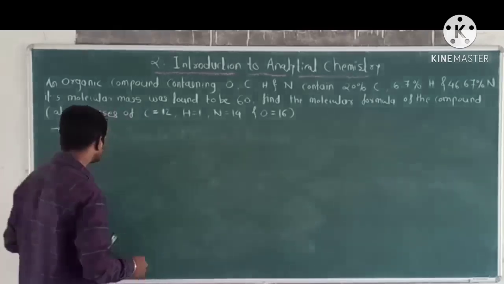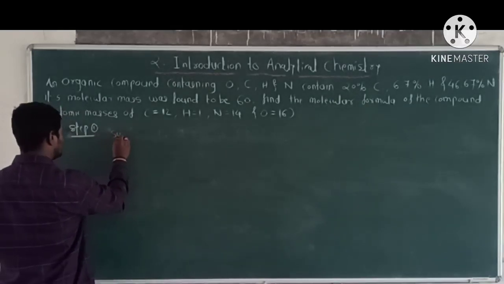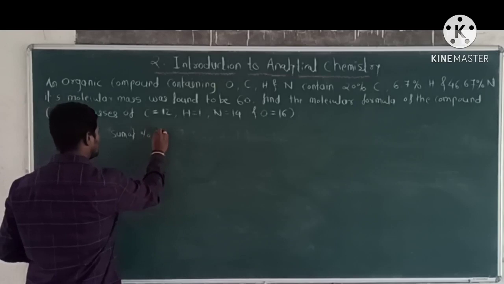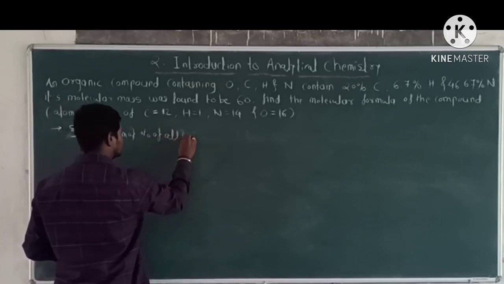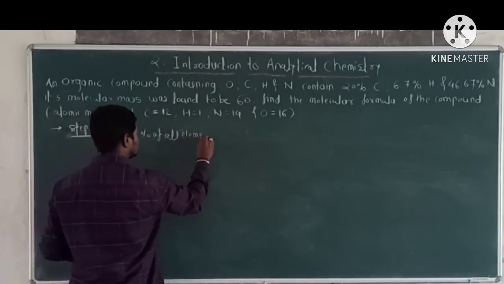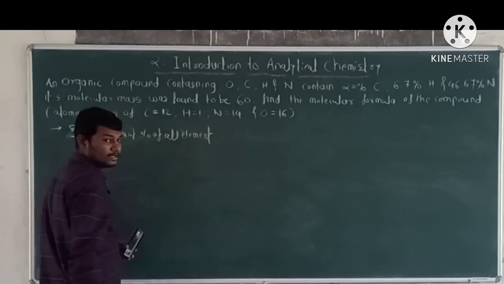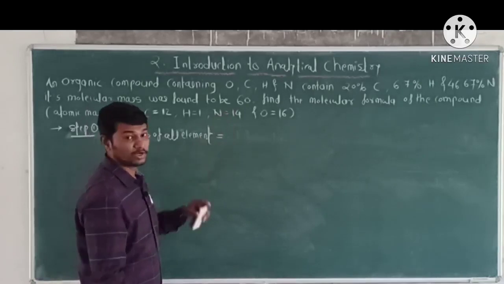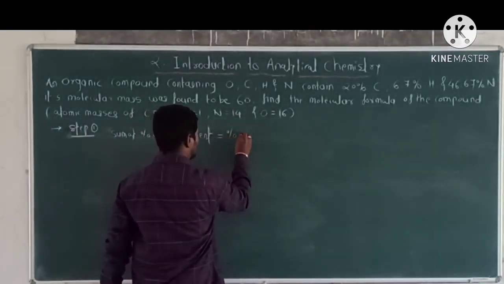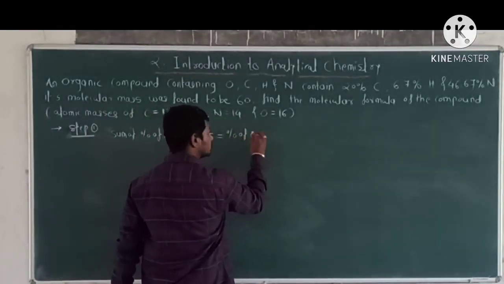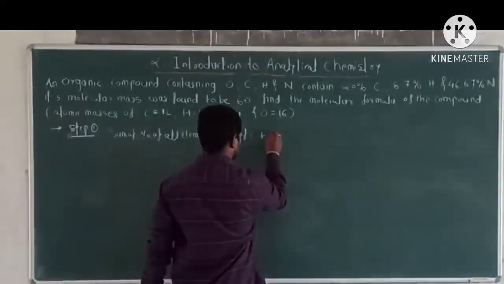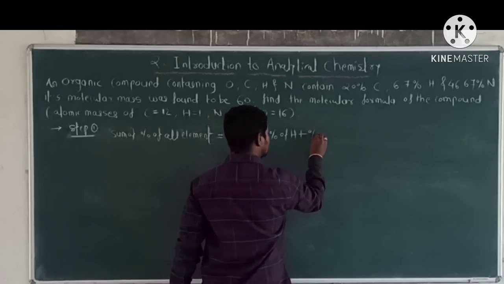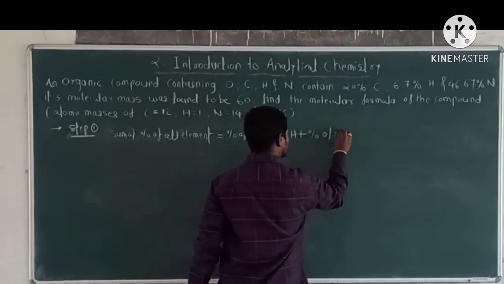Now the sum of percentage of all elements is equal to percentage of carbon plus percentage of hydrogen plus percentage of nitrogen.